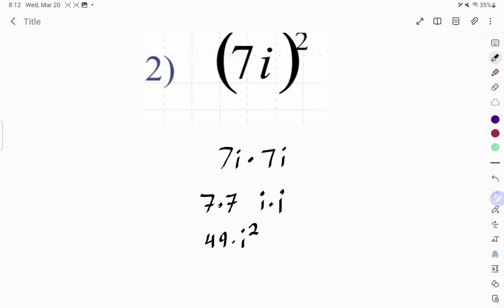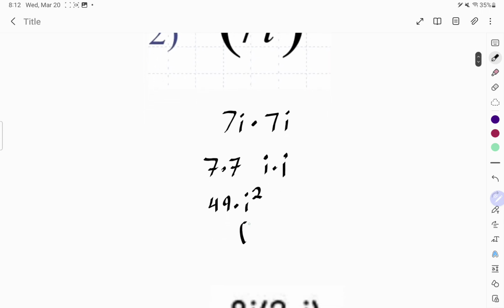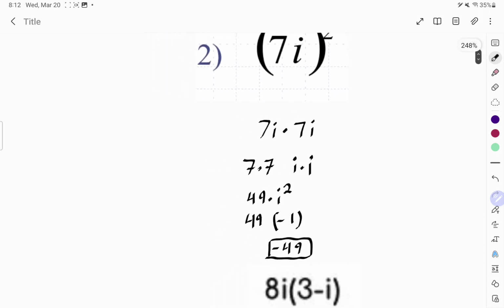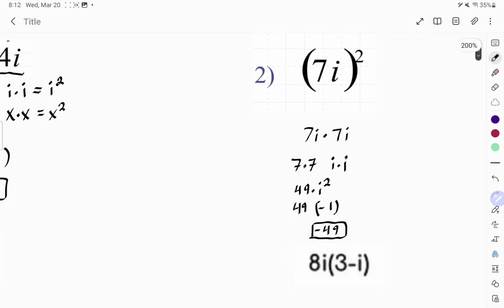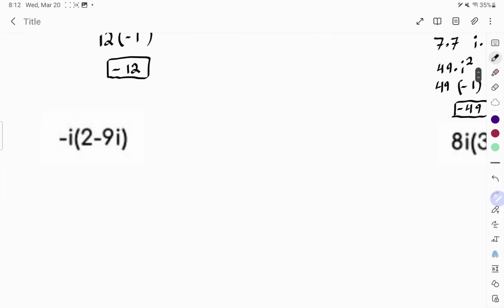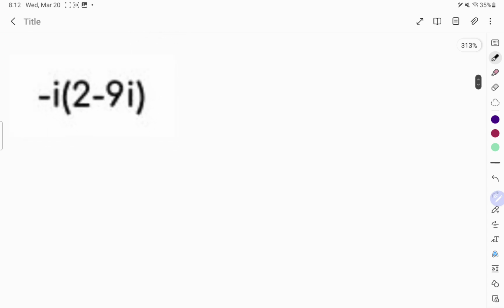Those two are still multiplying. Now, if you remember, i squared we're going to change to -1. So we have 49 times -1 is -49. And that is my answer for the second problem. Okay, pretty easy. Let's go ahead and go to something a little harder.